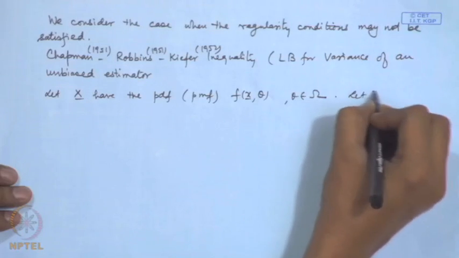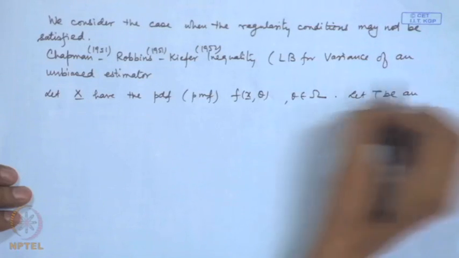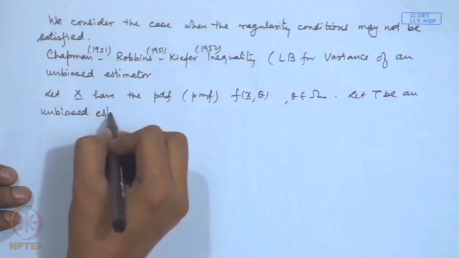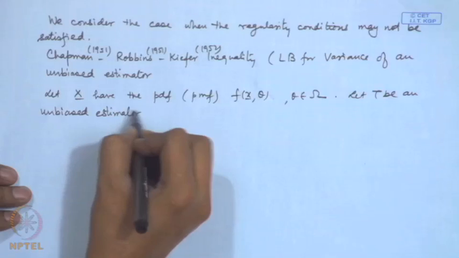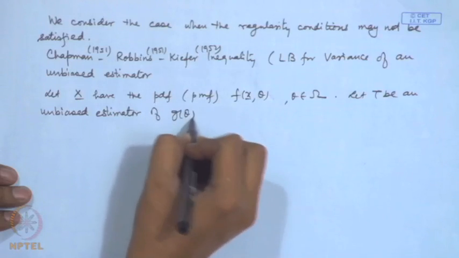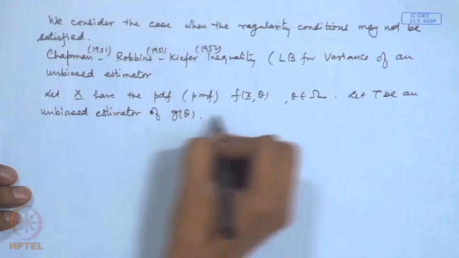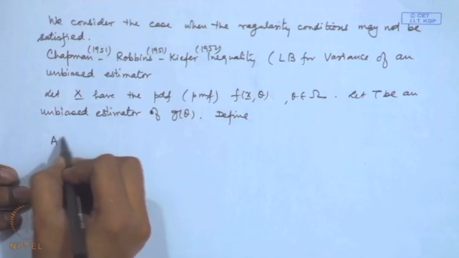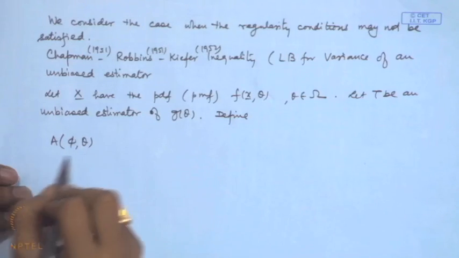Let t be an unbiased estimator of g theta, and define a term like A phi theta.